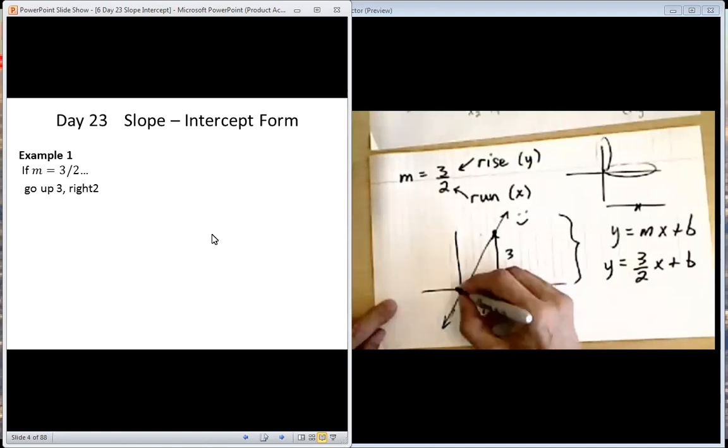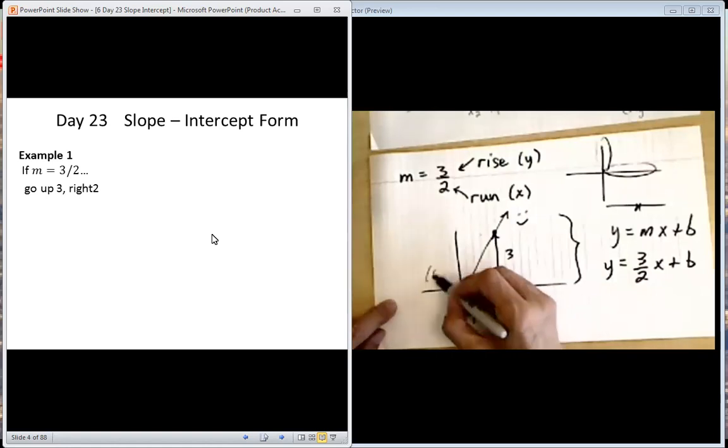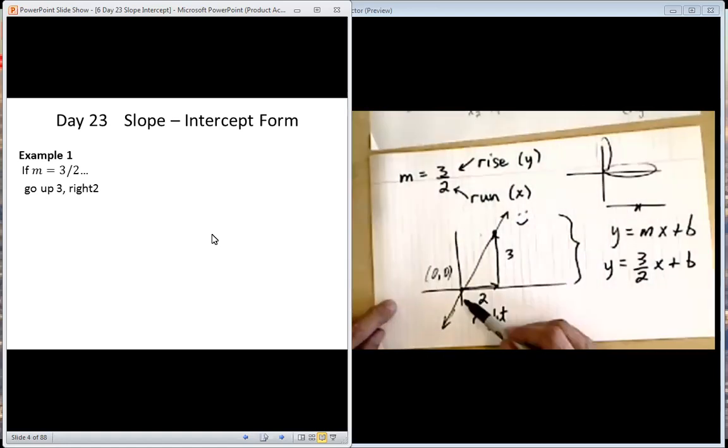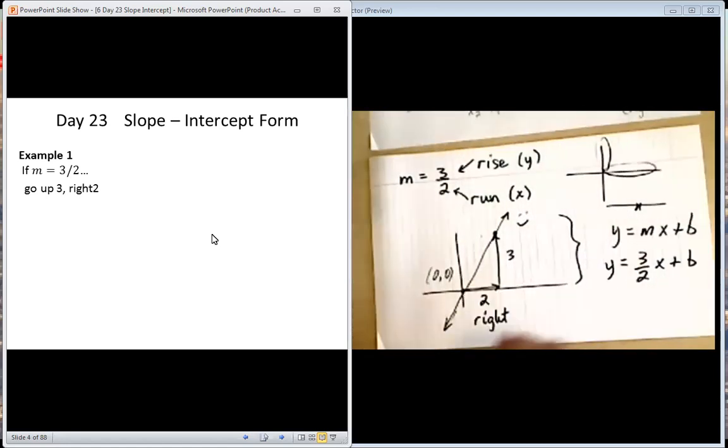It's actually 0, right? 0, 0 down there at the origin. So where does the line cross the y-axis? Still at that 0. It goes through the origin. So this means that b, the y-intercept, will equal 0.